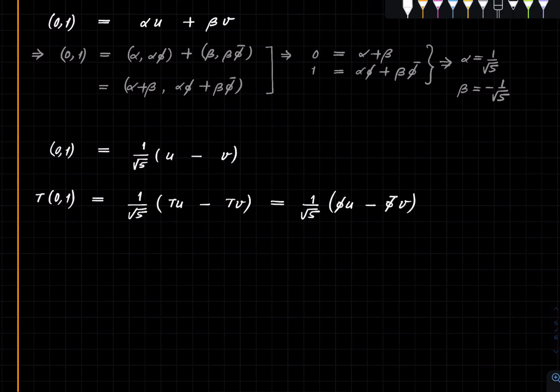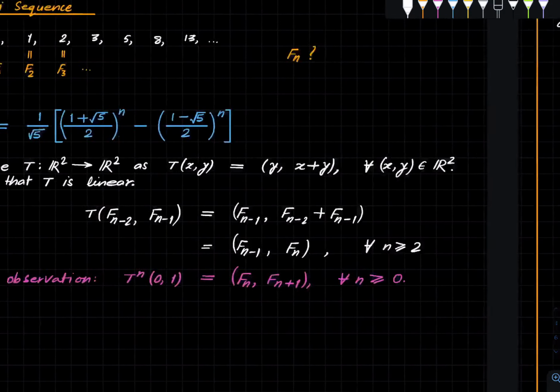And more generally, if you just keep iterating, this is equal to 1 upon root 5 (phi to the n U minus phi bar to the n V). Okay, and what we are interested in, as we wrote earlier, is (f sub n, f sub n plus 1). I hope that is what we wrote.